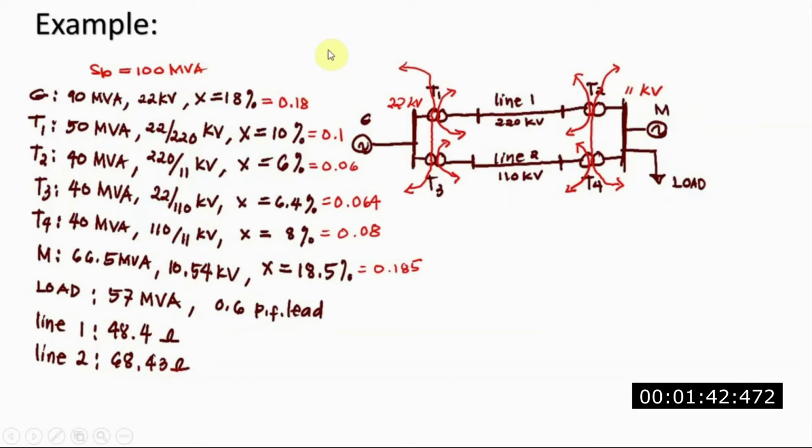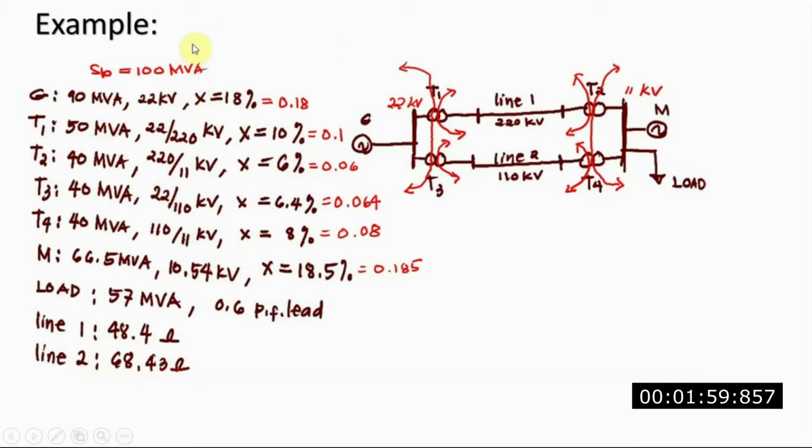We will choose base values, so we choose an apparent power base. For me, I will choose 100 MVA. You can choose any MVA value, any value will go, but for me I think what's best is 100 MVA.